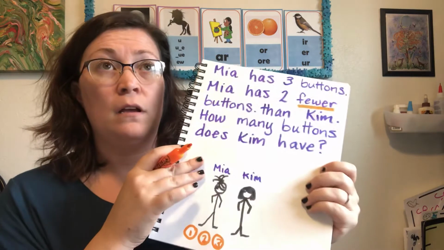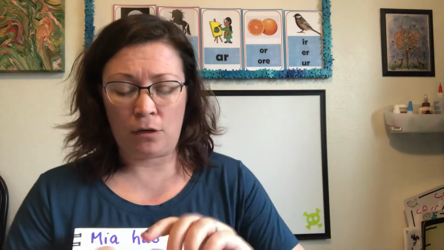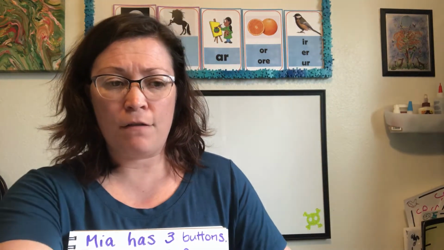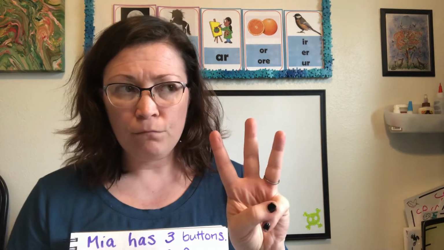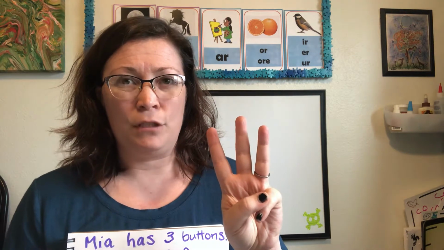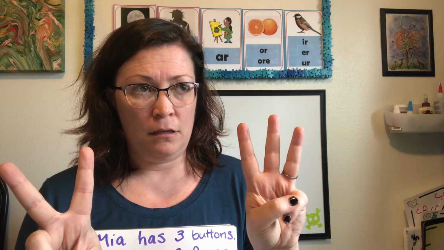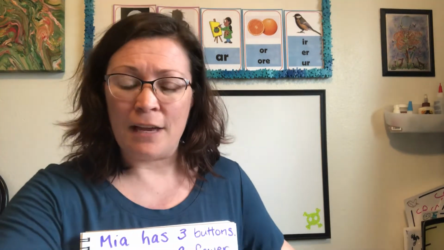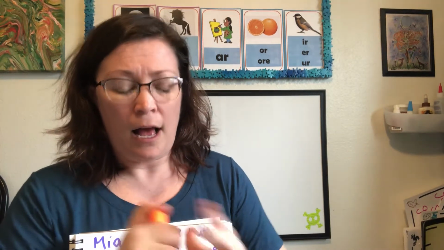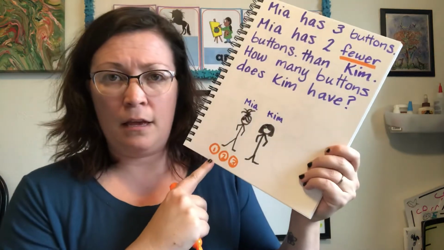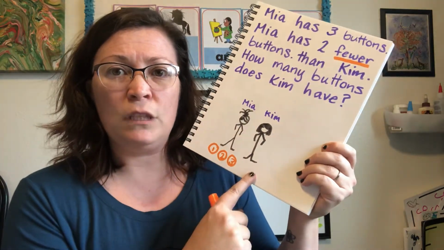Okay, so let's see if we can picture this. So if I have 3 and I have 2 less than my friend, then my friend has what I have plus 2 more. So what would my friend have? Yeah, she would have 5. So Mia has 3 and 2 less.